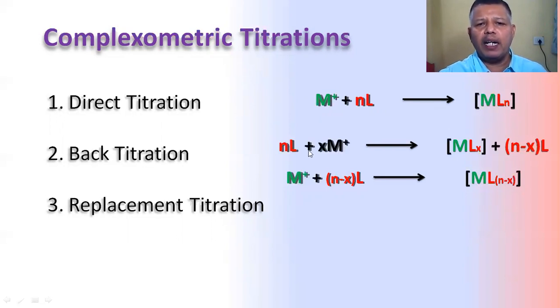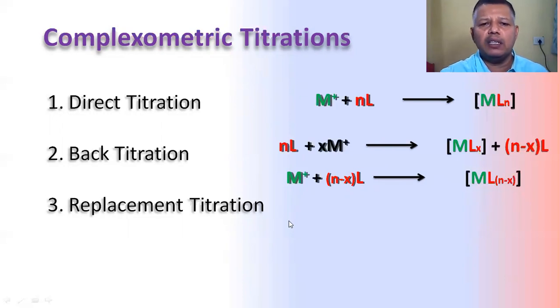Now in the case of the back titration, whatever ligand is added reacts completely with the specific metal ion, and the remaining ligand can be identified with the help of another metal that is added. With this metal, we find how much ligand was taken and what remains. From that we can back titrate. In the case of the replacement titration, there are three types.